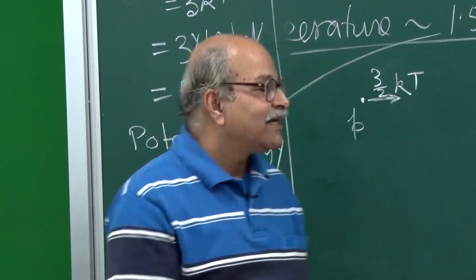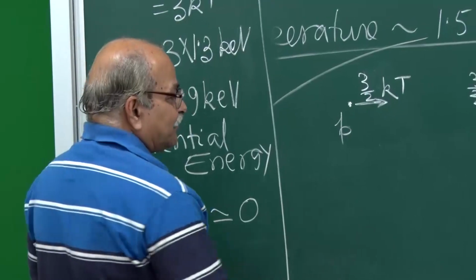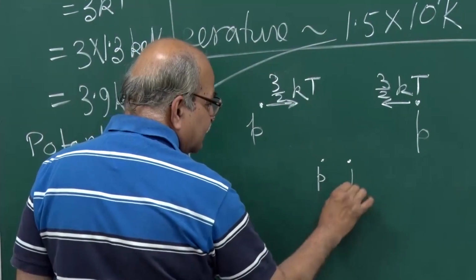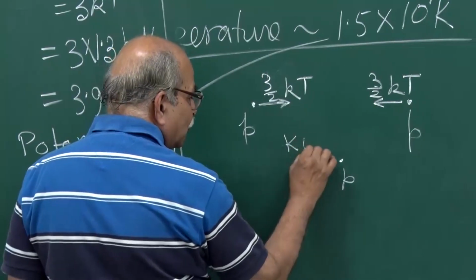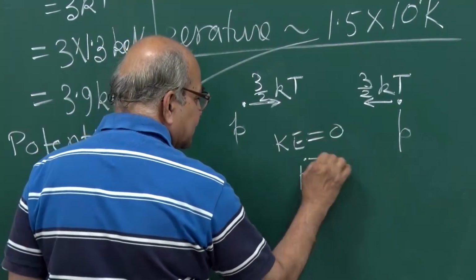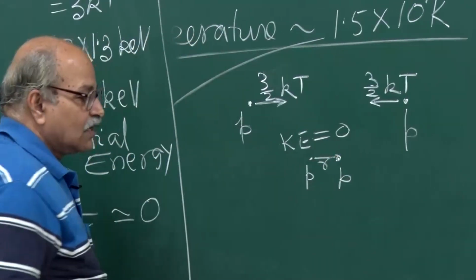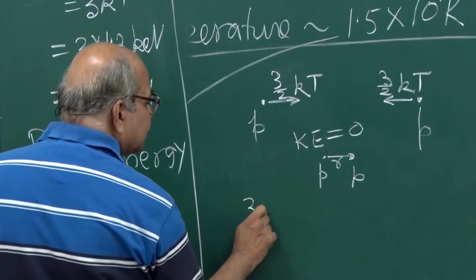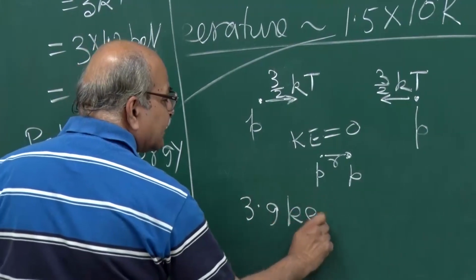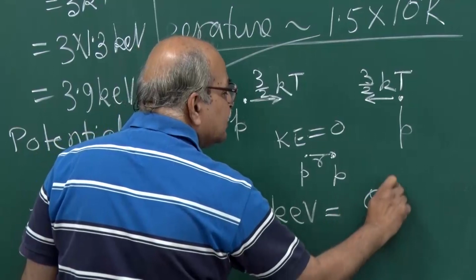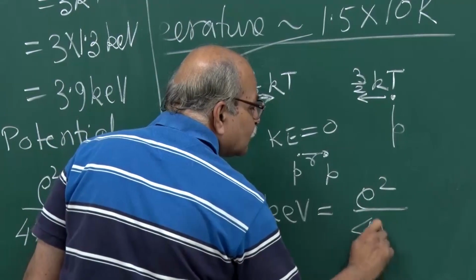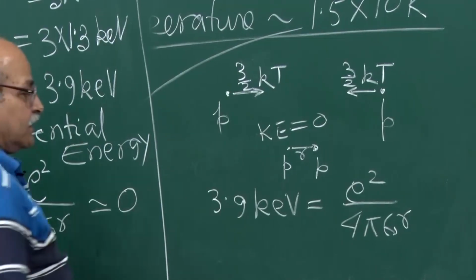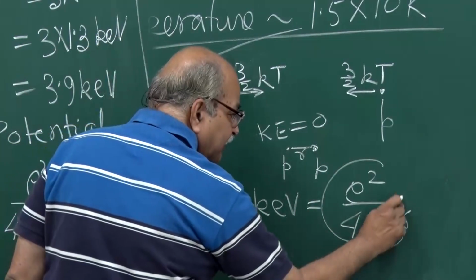So let's look at the situation where these two protons have come close enough, and at this time the kinetic energy becomes 0 at some separation R. For that, what should be the condition? The total mechanical energy, 3.9 keV, should be equal to e squared over 4 pi epsilon naught R. And this quantity is a fixed quantity.